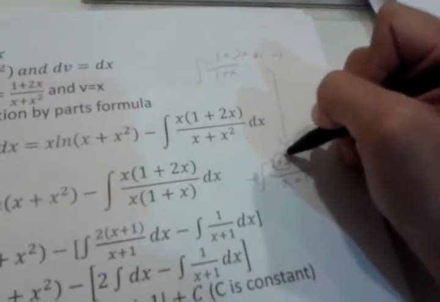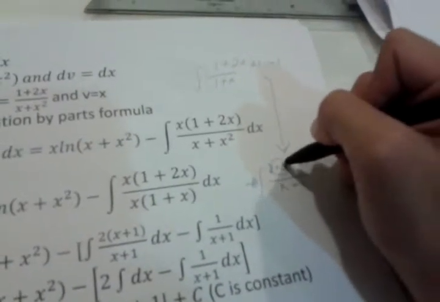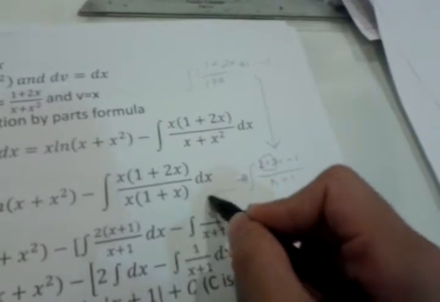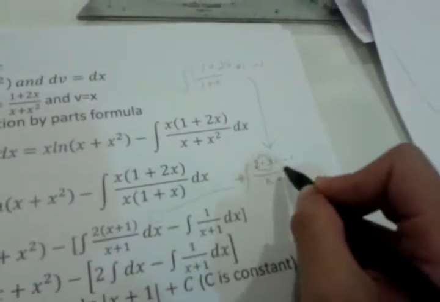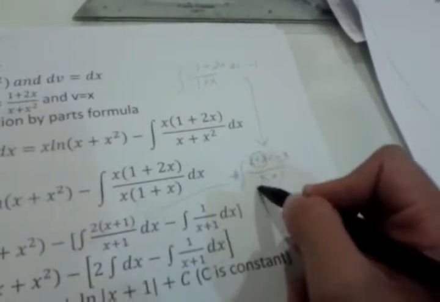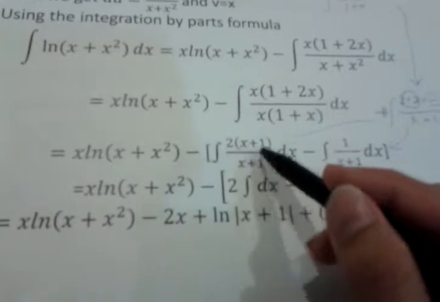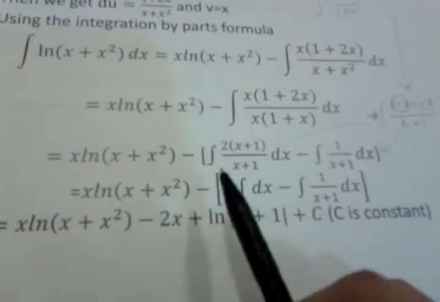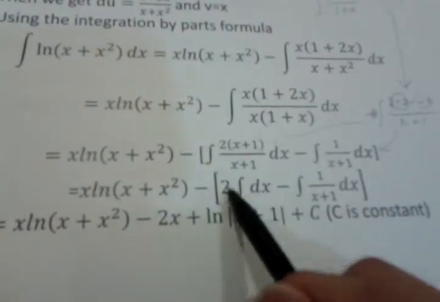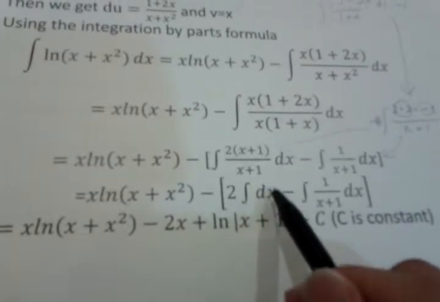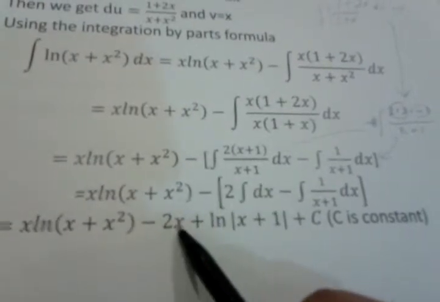Then this, we will just put it like this, and the minus 1 here is another one. So when this one, we can cancel out this, then you will get this, then you can integrate easily to get this.